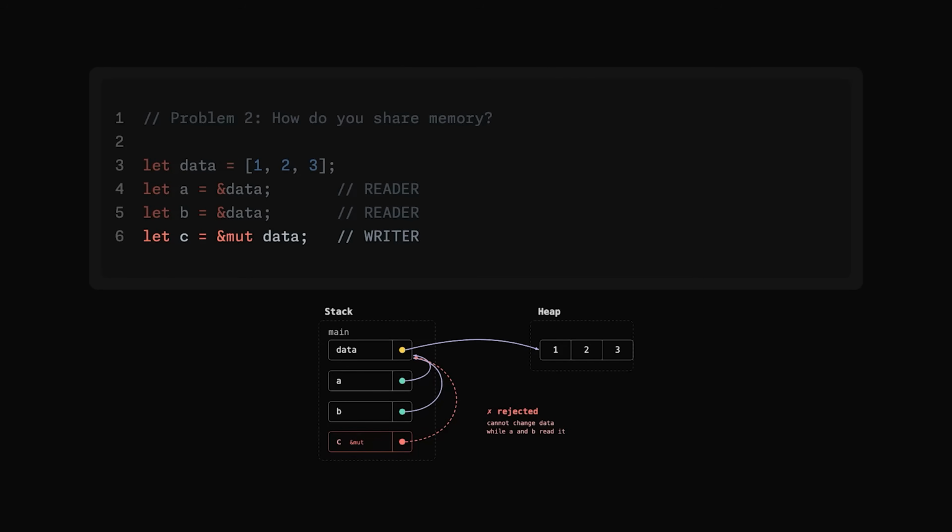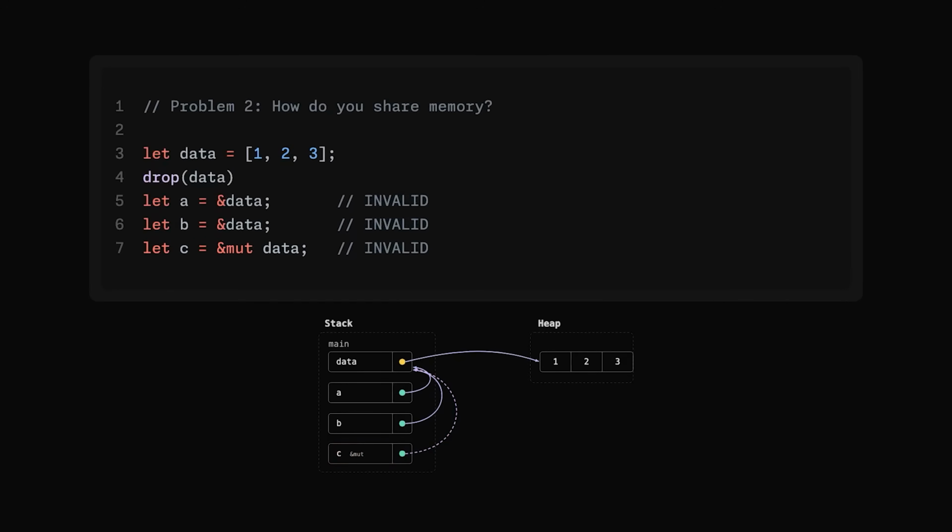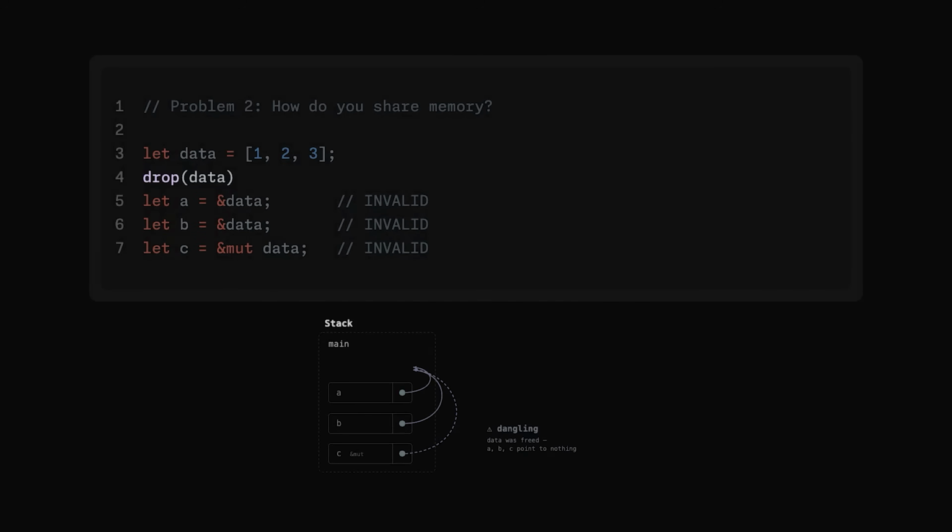To prevent that, we will add a step to the compiler which enforces a simple rule. You can either have many readers or one writer, but never both at the same time. While we're here, let's update our compiler to enforce one more borrowing rule. A borrow can never outlive the data it points to. If the original data is freed while a borrow still exists, the compiler rejects the code.